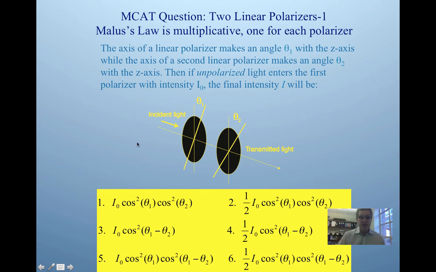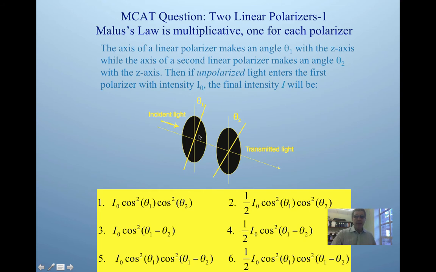Obviously, it's proportional to the initial intensity I0 that comes in, and then there's probably going to be some cosine squared terms in here. So for these kind of problems, and this is like the first non-trivial problem we've got here, you have to realize that every time a Polaroid filter comes along, it's multiplicative. Its effects are multiplied by the light that's fed into it.